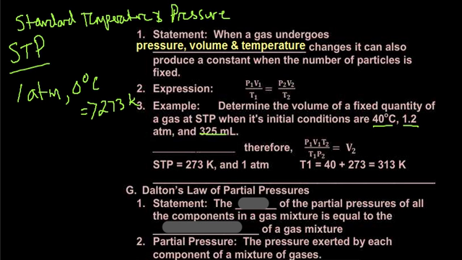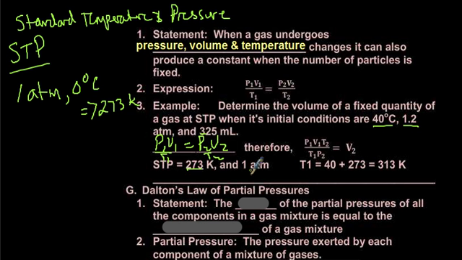Since P1V1 over T1 equals P2V2 over T2, we can rearrange this, remembering to cross multiply: P1 V1 times T2 all over P1 and T1 is going to equal our new volume V2.